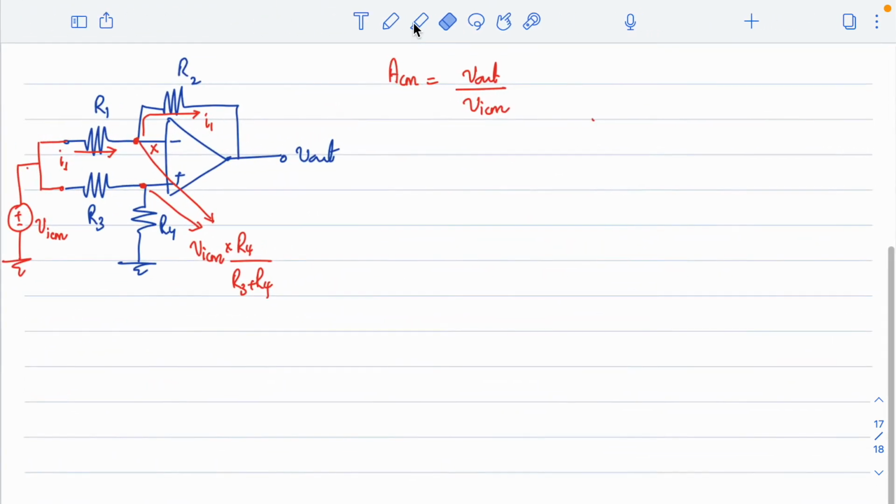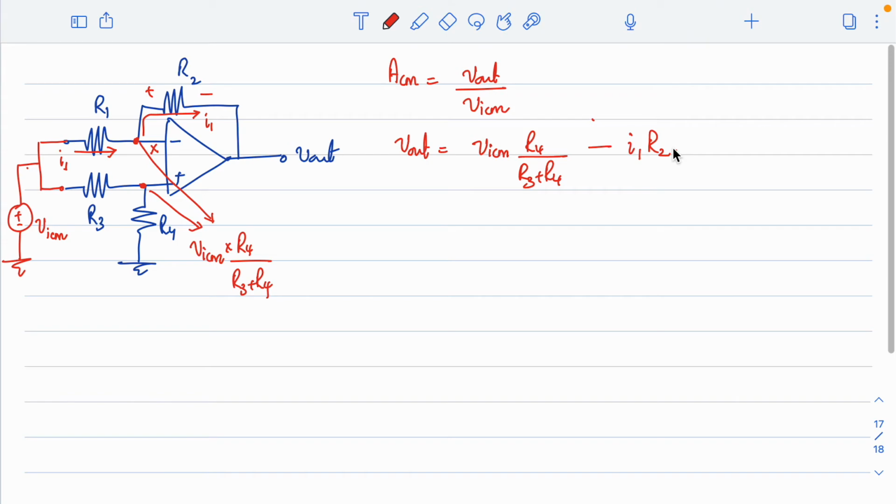So V out can be written as this node voltage, VICM into R4 by R3 plus R4, minus the current flowing here, which is I1 into R2.